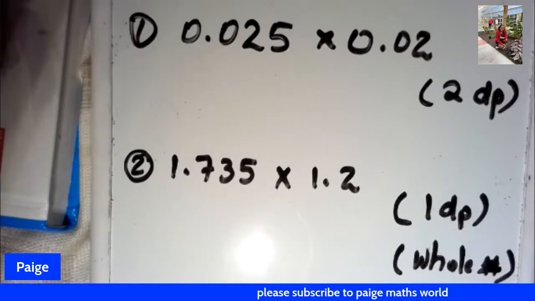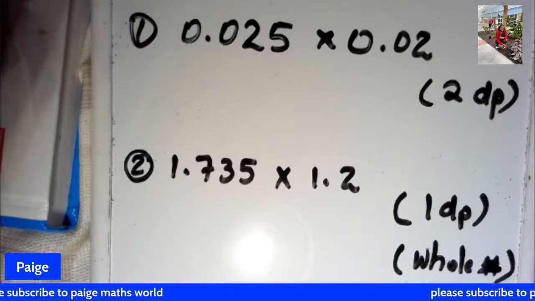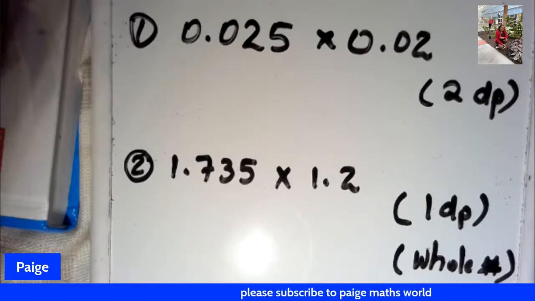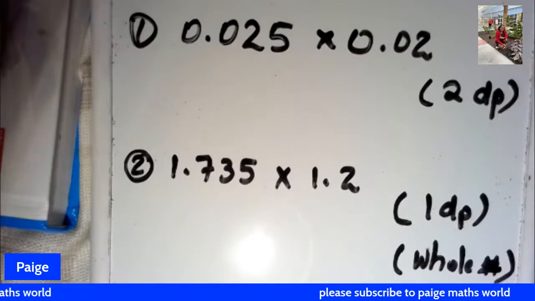All right, so we are multiplying by a decimal, and then we're going to try to round off to the nearest decimal point that is asked for. I guess you have missed there, so I'm going to do number one, and we can see what we're doing.